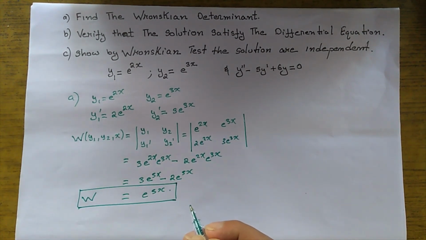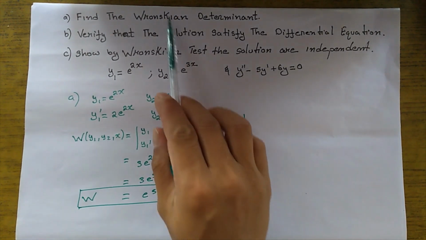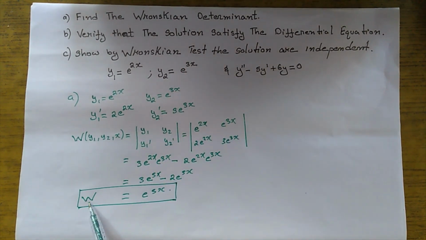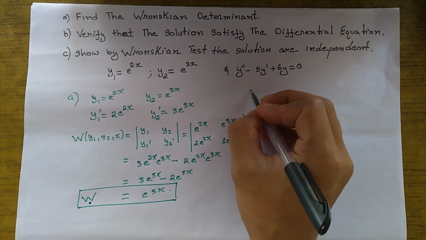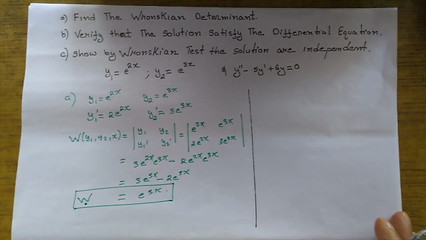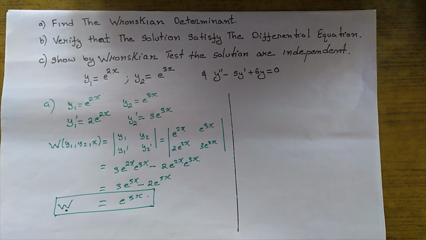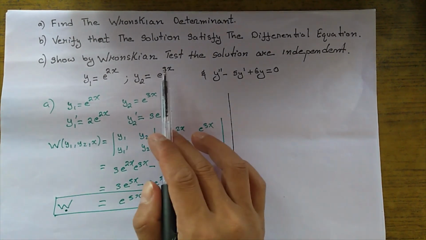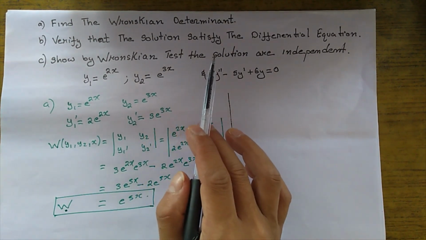So we have already solved the first one, finding the Wronskian determinant. W is nothing but the Wronskian determinant, and we got it as e^(5x). Now let's solve the second one. We need to verify that the solution satisfies the differential equation.